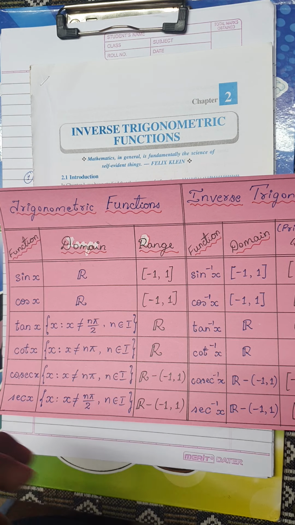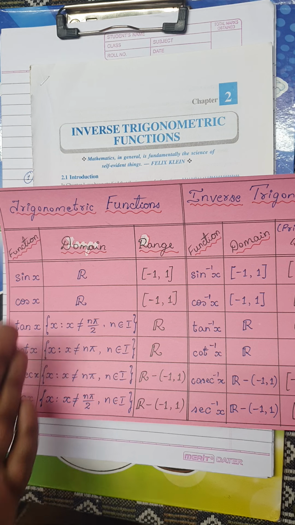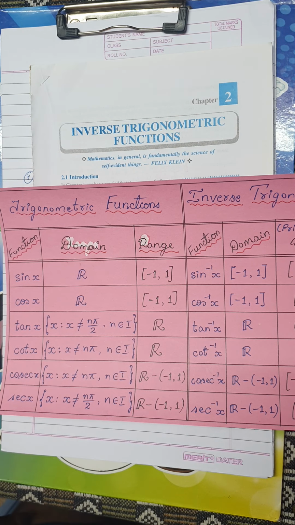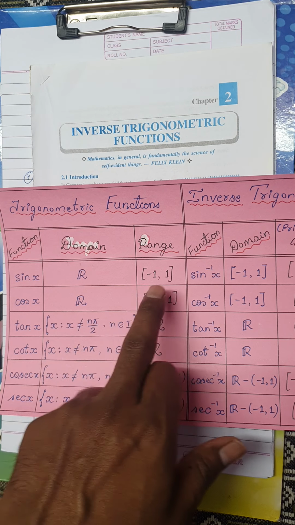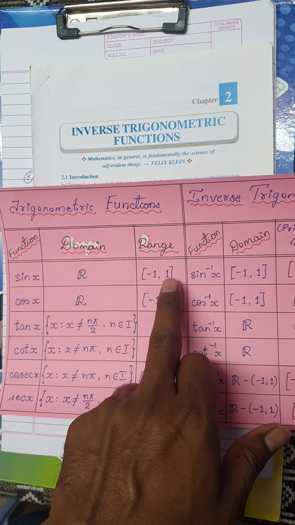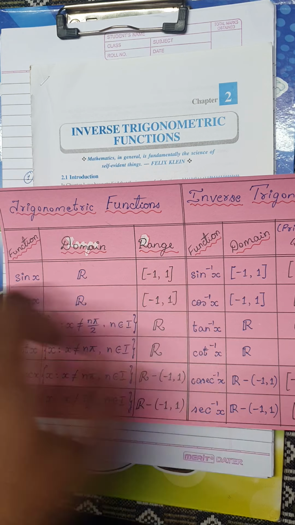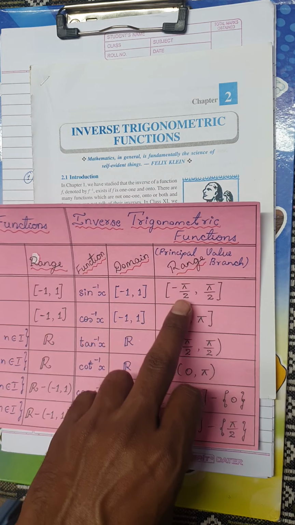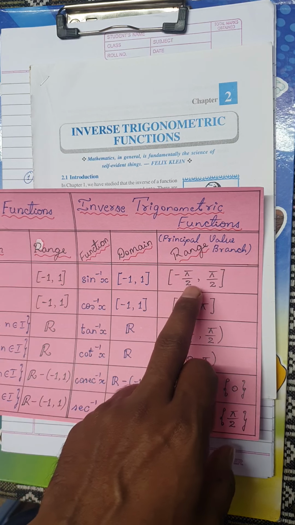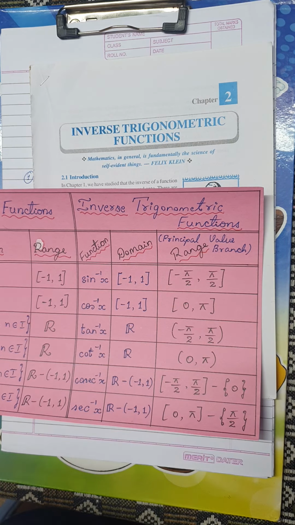When I say inverse of a function, generally the domain and codomain interchange, and that is where the inverse function comes. So the inverse of sine should be from -1 to +1 to the set of real numbers. But we don't take the set of real numbers, because if we take the entire set of real numbers, the concept of one-one will not be satisfied.